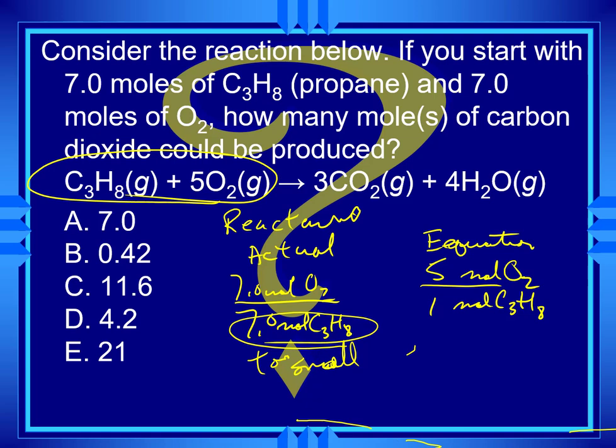So there's ways of arguing for the excess reagent without having to set up the whole problem. If it's in moles, you can't do it in grams. You can change those grams to moles and then do this comparison. So when you see the book doing ratios, that's the way I learned it: take the ratio in the equation to the ratio of what you actually got and see which one's too big. The one too big is the one that's excess, so the other one is the limiting.